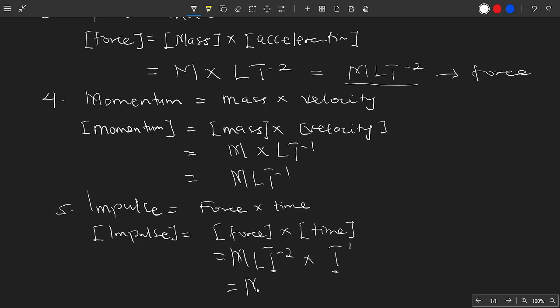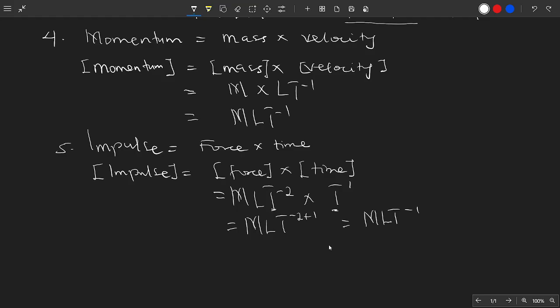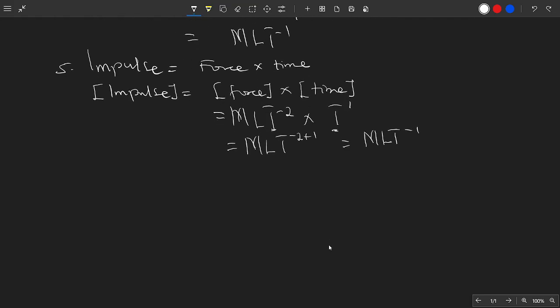So this is going to give us M L T to the power negative 2 plus 1. And this is going to give us what? M L T negative 1. And that happens to be the dimension of what? Impulse. Now let's try another one too.